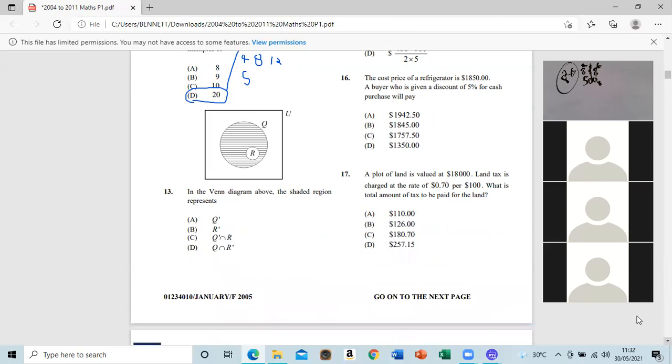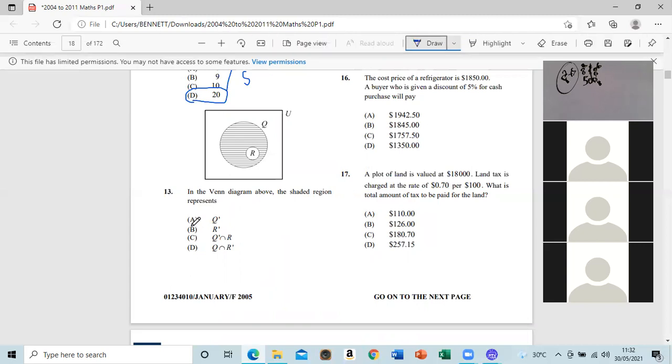Question 13, Venn diagram, everybody's favorite. In the Venn diagram above, this is the shaded region. What does this represent? R prime, very good. Not in R, right?